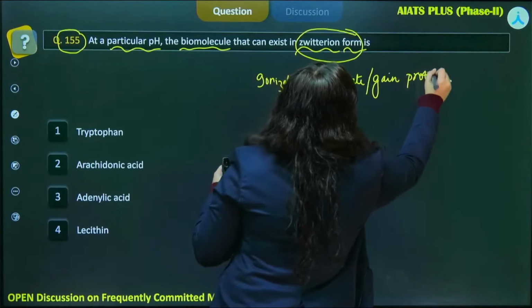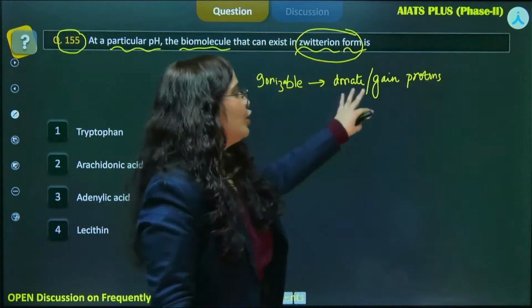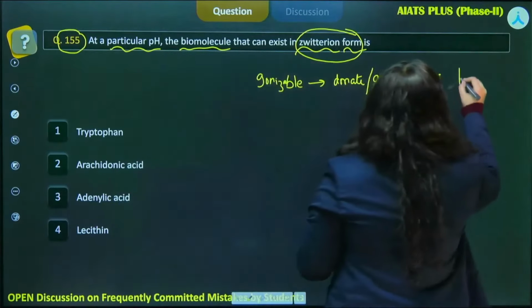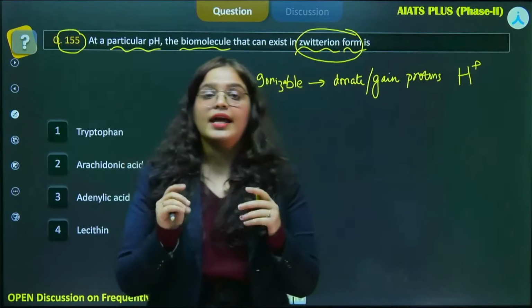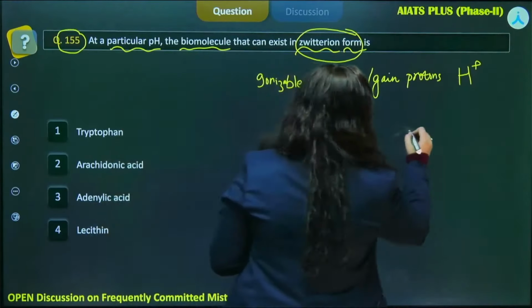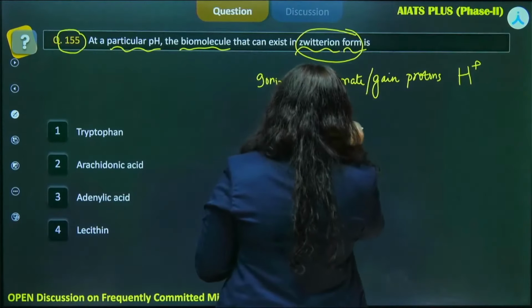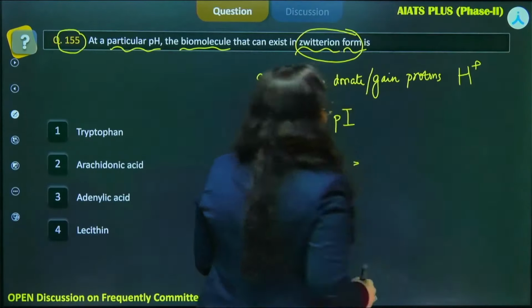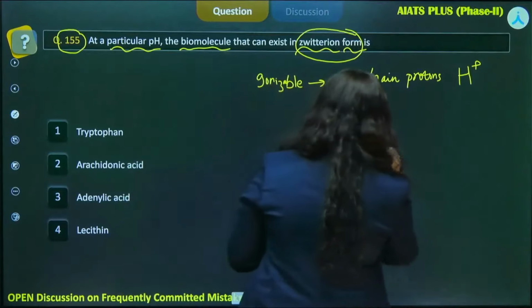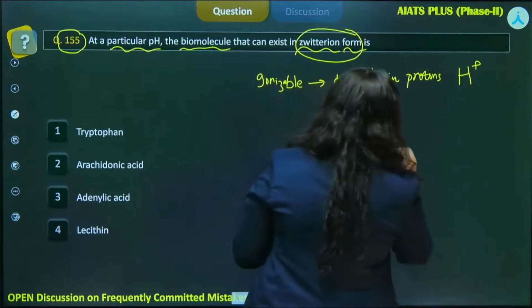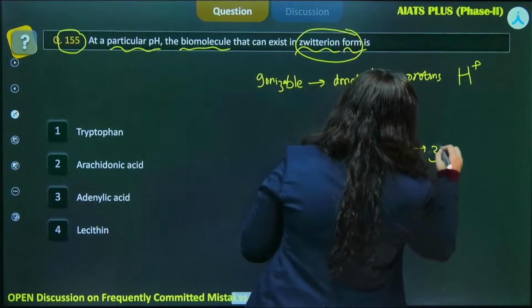And by protons, I mean that they can lose or gain a hydrogen ion. So basically, every amino acid has a particular point which is known as the pI point, which is also referred to as isoelectric point, at which that particular amino acid will exist as the Zwitter ion.